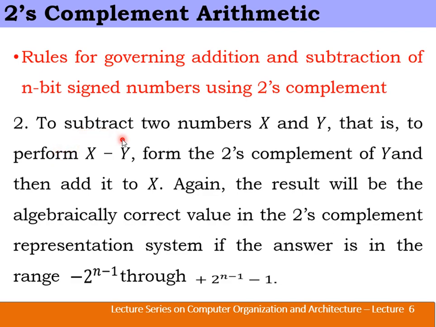In order to subtract two numbers, say for example the two numbers are x and y, that is to perform x minus y, we are supposed to take a 2's complement of y, and finally we need to add it to x. So if I want to perform subtraction operation, that is x minus y, then we need to take 2's complement of y.